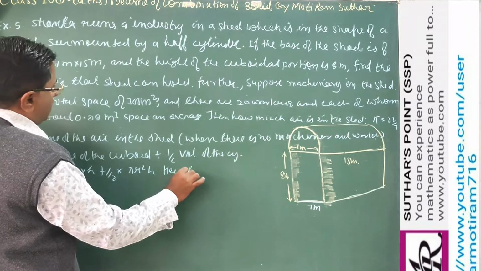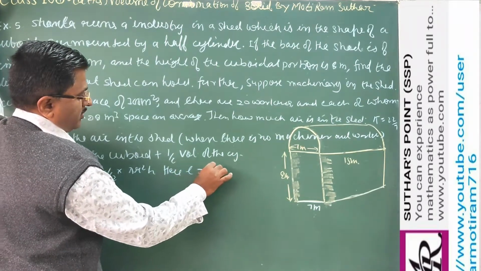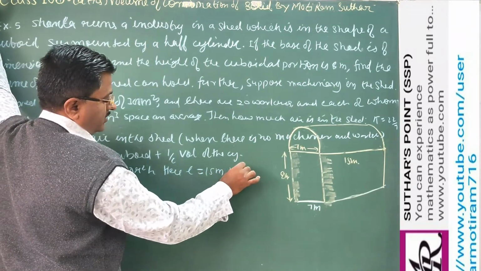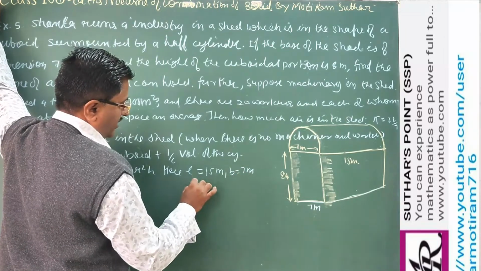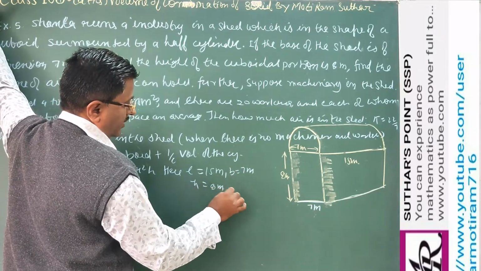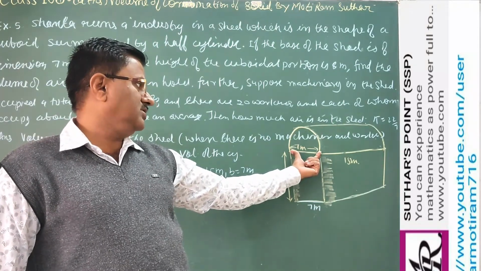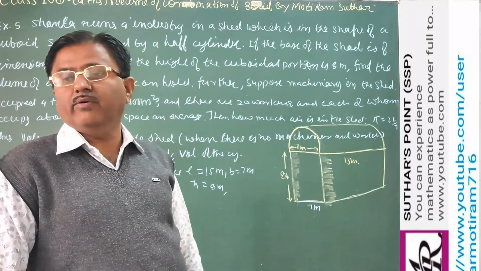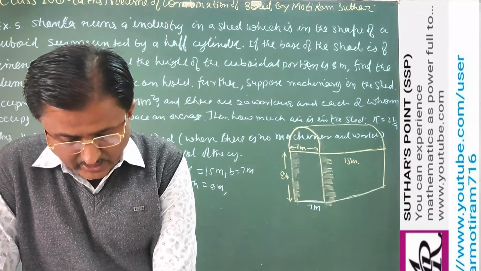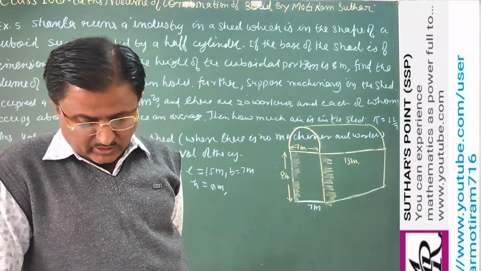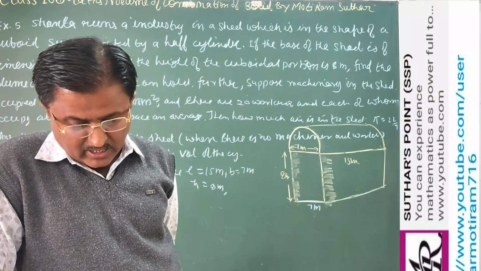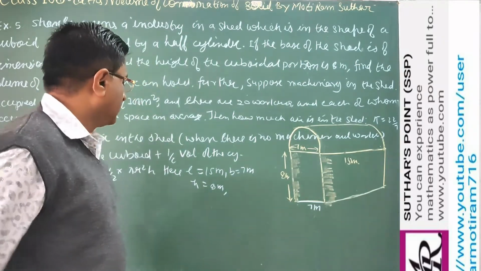Here we are given length as 15 meter, breadth as 7 meter, and height as 8 meter. Also for the cylinder the diameter is 7 meter, so the radius will be 7/2. Clear?